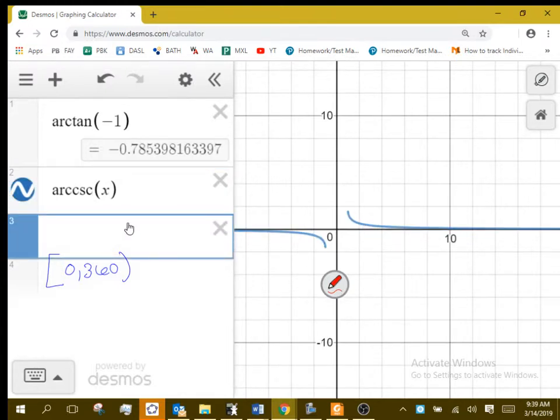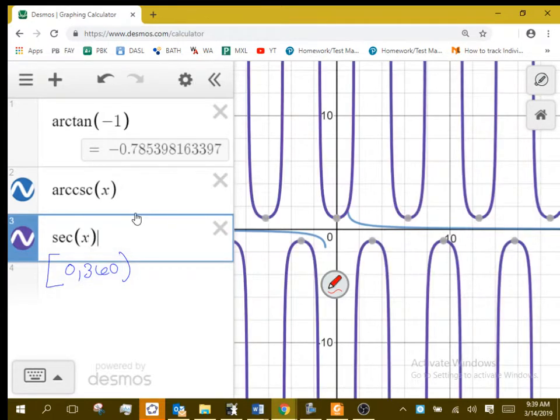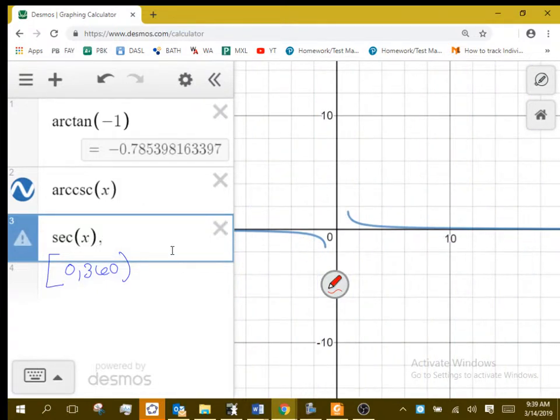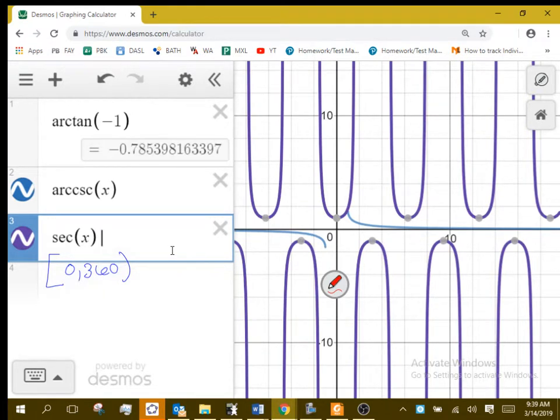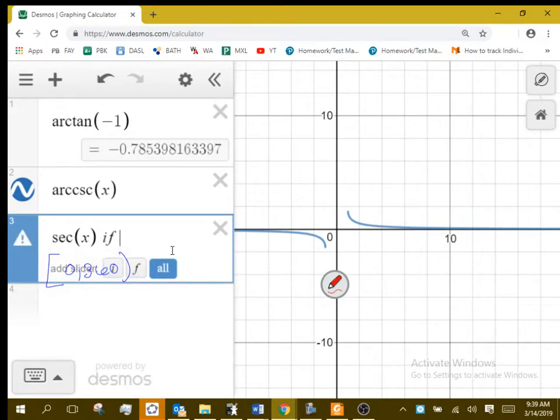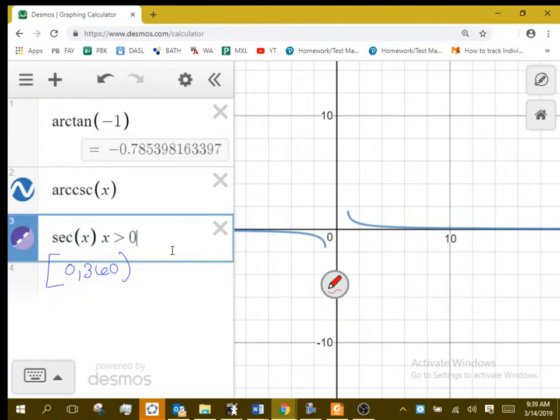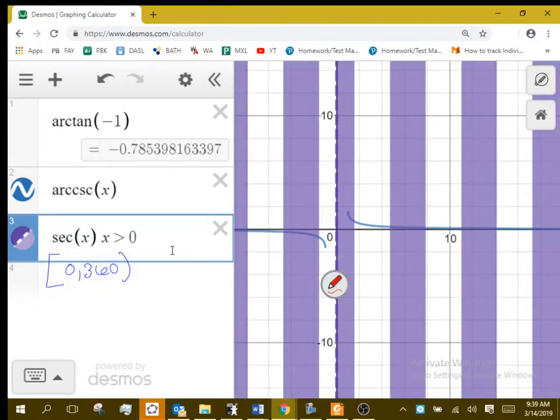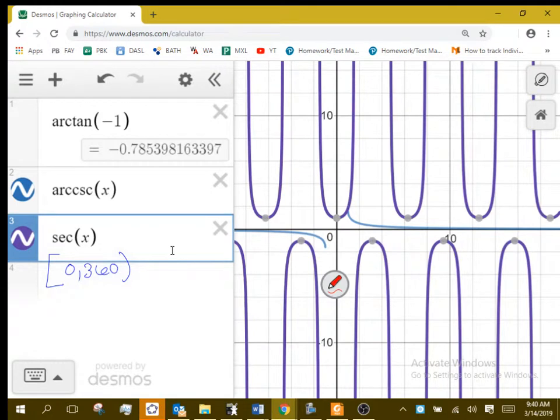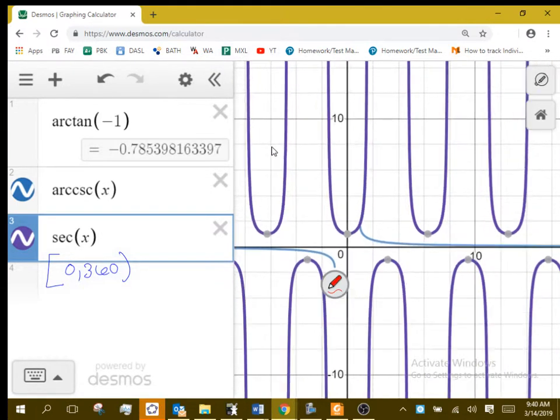If you put in the secant function, and we restrict that secant function, I don't remember how to restrict the domain in Desmos.